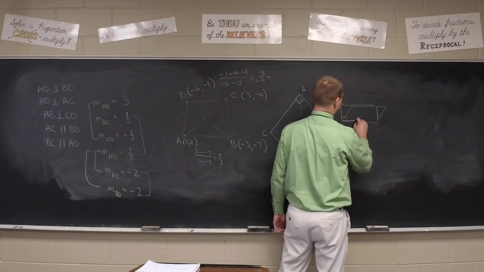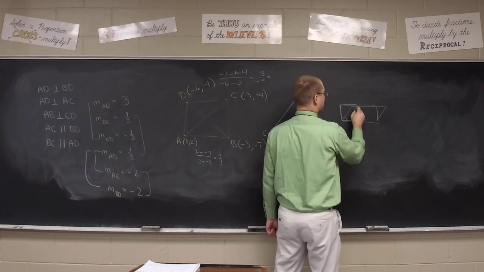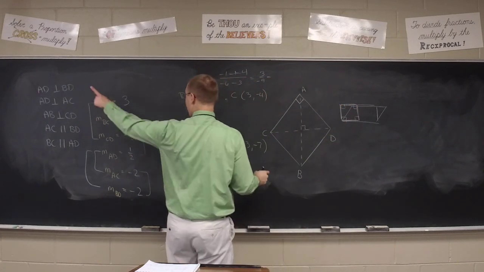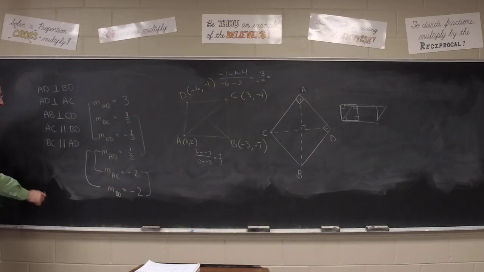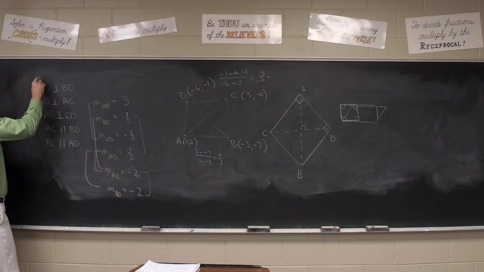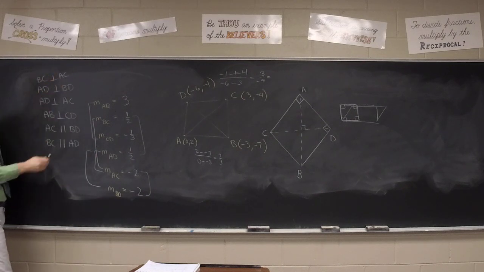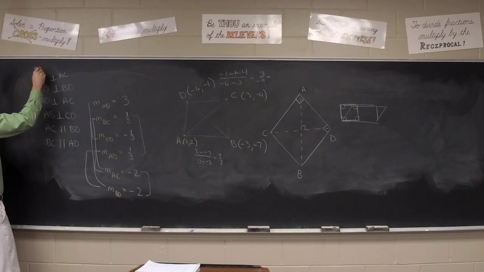Remember, a rhombus involves the sides all being equal, and it's a rectangle, so apparently this thing must be a square. We've got that other right angle here, AD and BD, a right angle, but there's another right angle or two. BC and AC are perpendicular, and also BD and BC are perpendicular.